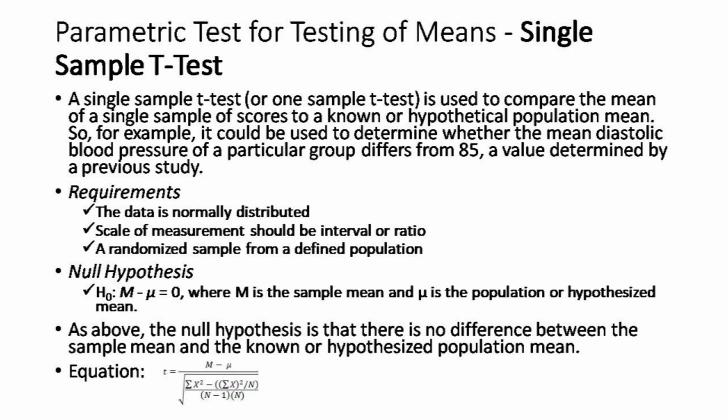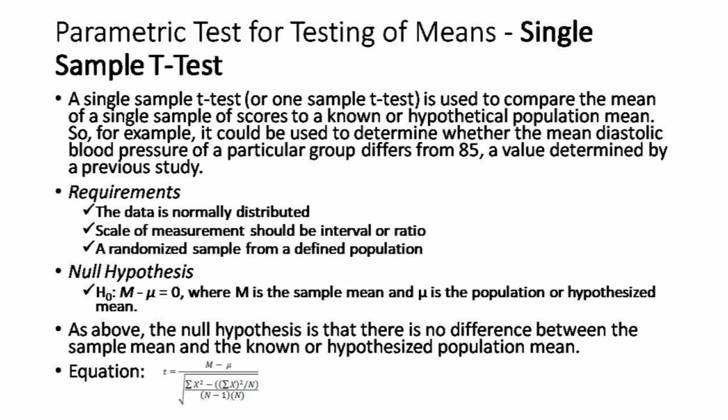So, a single sample t-test or one sample t-test, as we did in the previous lesson, is used to compare the mean of a single sample of scores to a known or hypothetical population mean when the population standard deviation is not given and sample size is less than 30.